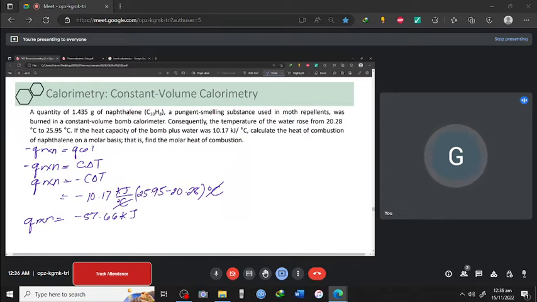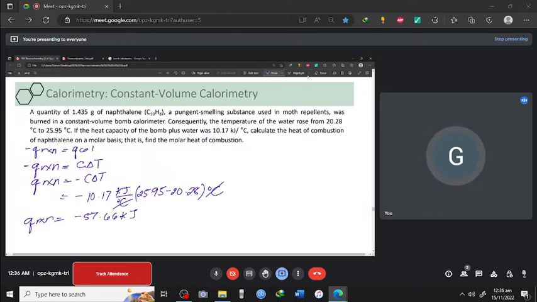So, I'm giving you time, no, to read the problem. Okay? So, okay no? Sagutin na natin yung tanong. So, bakit hindi pa tayo tapos? Kasi, based on the question above, sabi dito, calculate the heat of combustion of naphthalene on a molar basis.